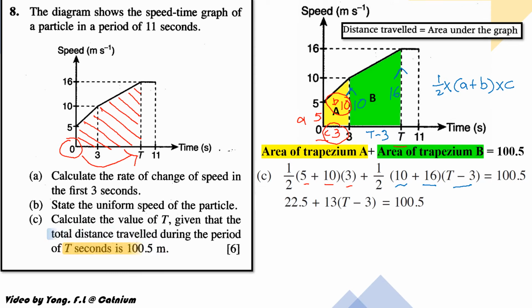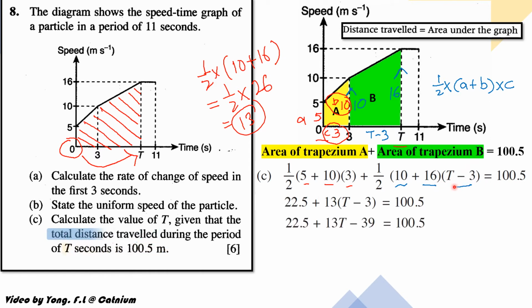Saya contoh di sini. 1/2 darab dengan (10 tambah 16). So we simplify this to become 1/2 darab dengan 26. This one is 13. Yang ini kita kekal.